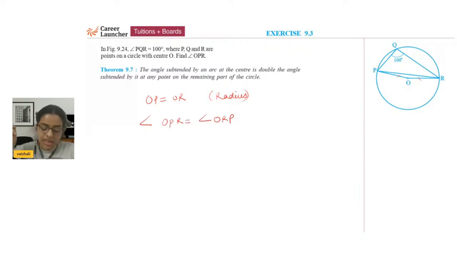Because the angles opposite to equal sides are equal. Right? Now also observe that if you are having 100 degrees here, if I'm looking at the reflex angle, can I say how much it will be? My angle POR, focus on the outer side. This has to be twice of my angle PQR, which is how much?